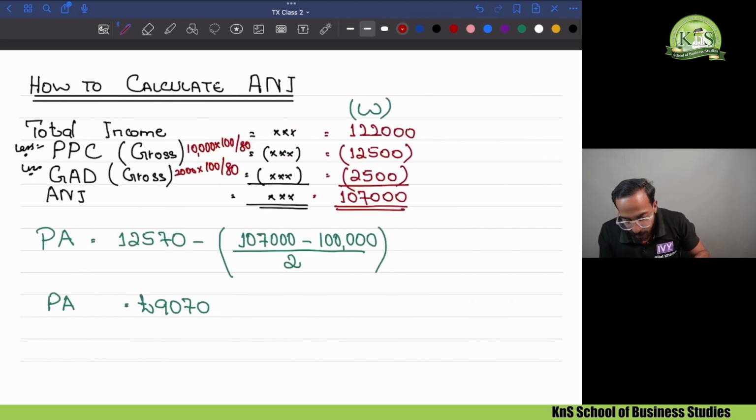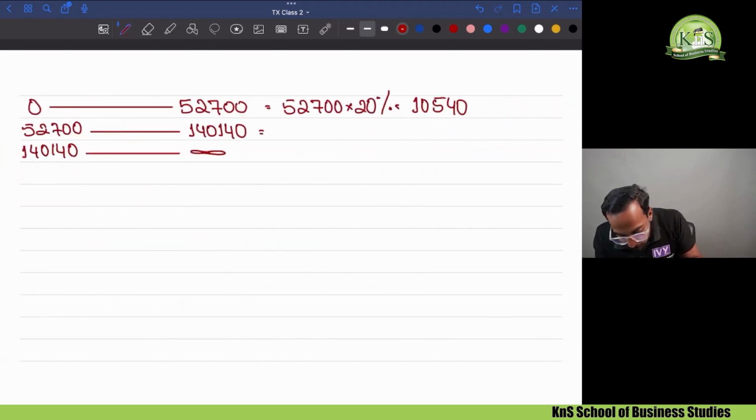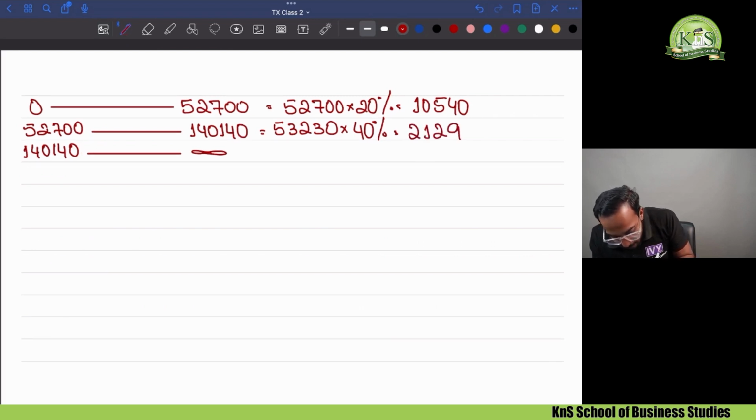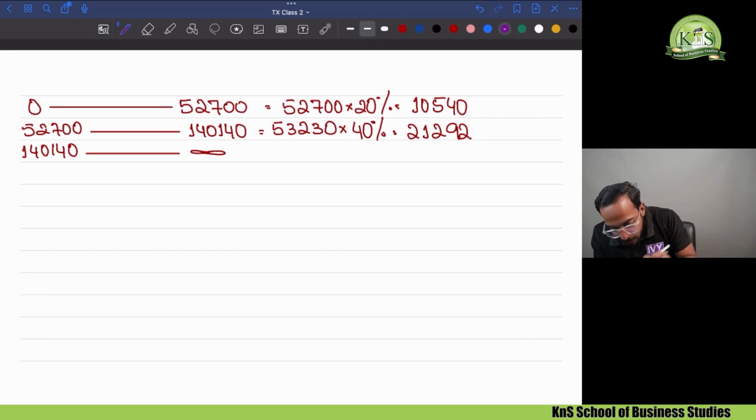The remaining amount left for tax purposes, 105,930 minus 52,700, which falls in the next band, is 53,230. It will be taxed at 40%, that is 21,292.